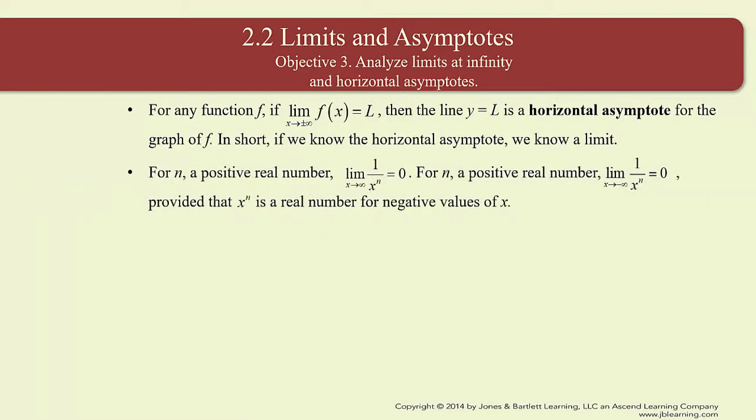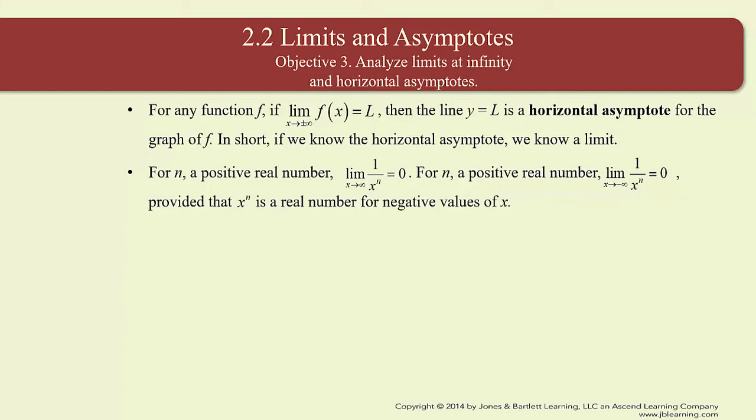So one quick little comment before we talk more about horizontal asymptotes. If n is a positive real number, then the limit as x heads to infinity of 1 over x to the n equals 0. And if n is a positive real, the limit as x heads to negative infinity is also 0, provided, of course, x to the n is a real number for negative values of x.